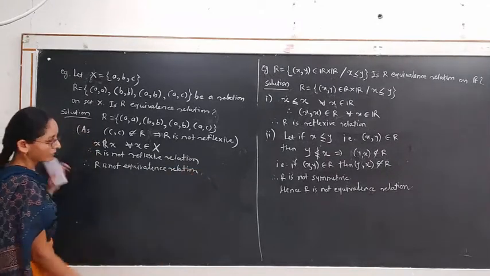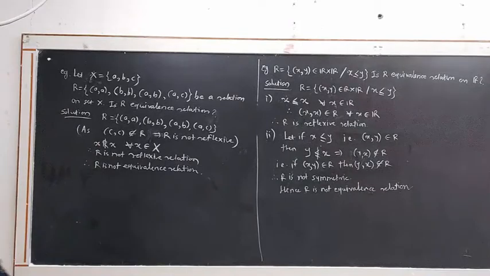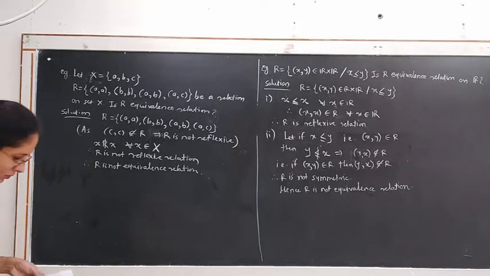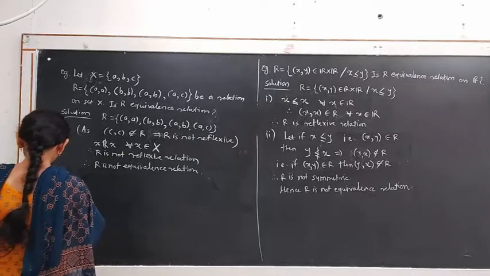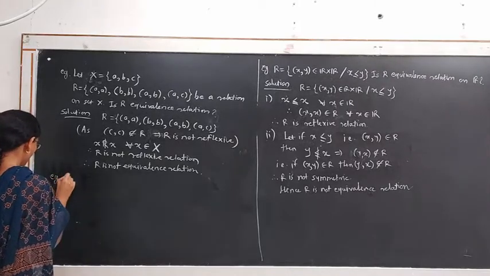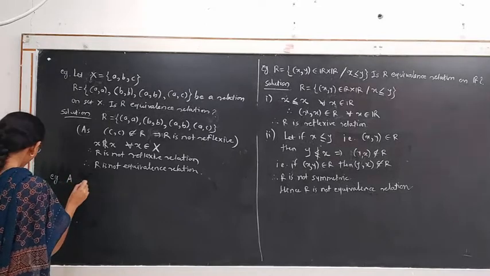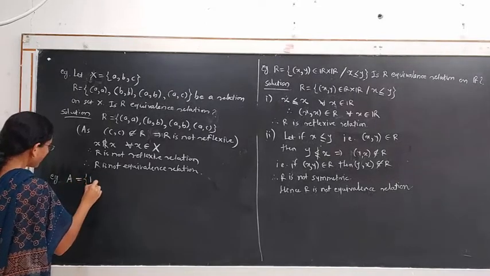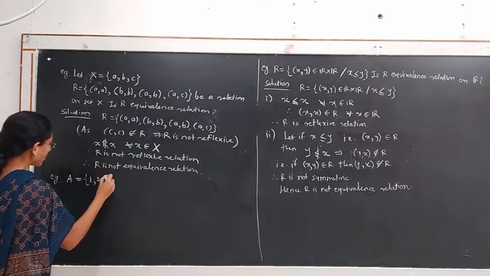We will see the next example. Define a relation on set A given by 1, 2, 3, 4.